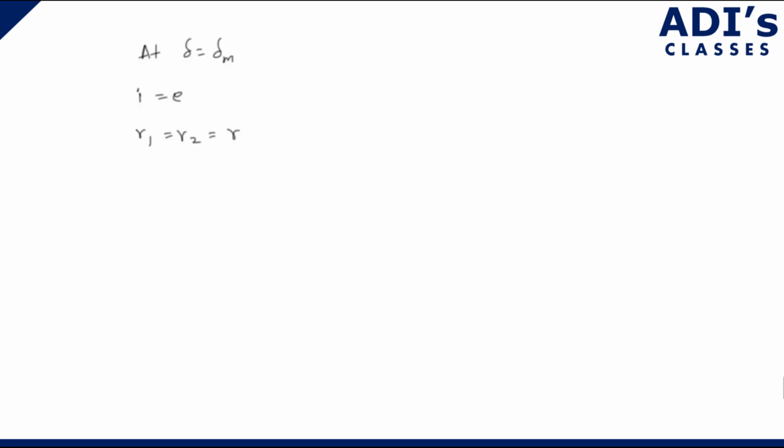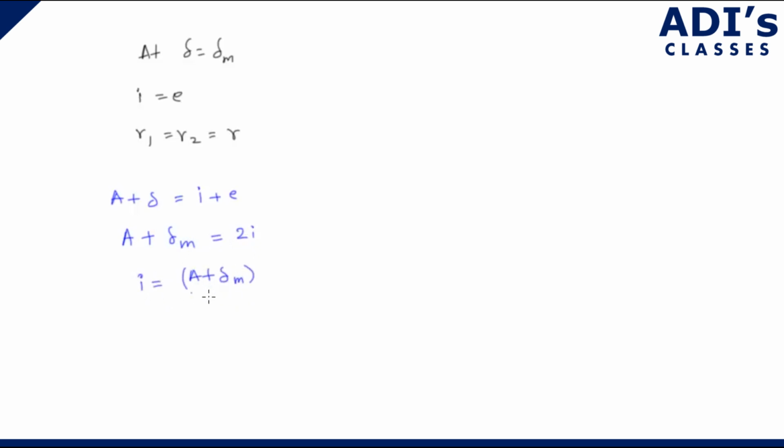Now by the previous derivation, remember that A plus delta is equal to I plus E, correct? So here we have A plus delta M is equal to 2I.